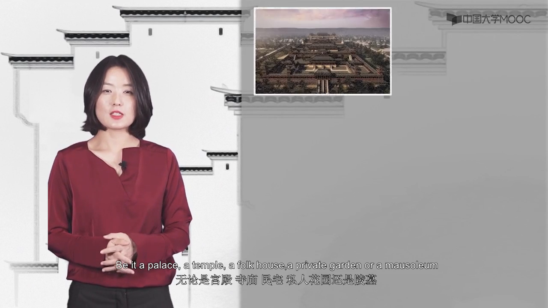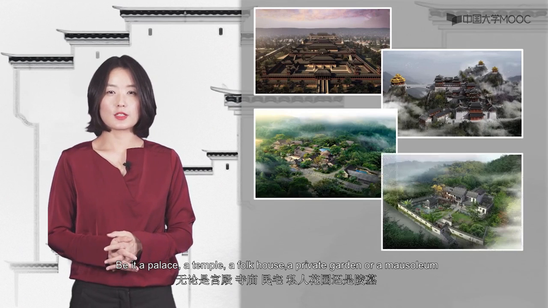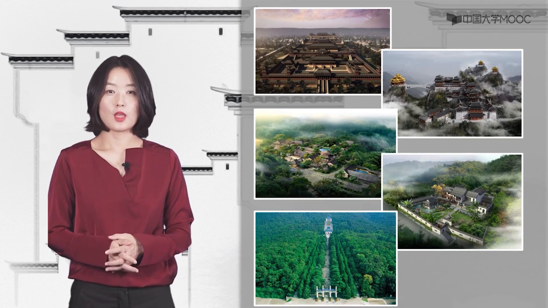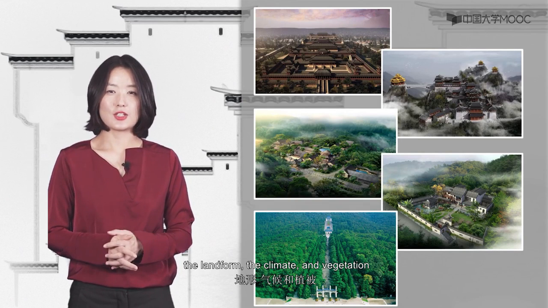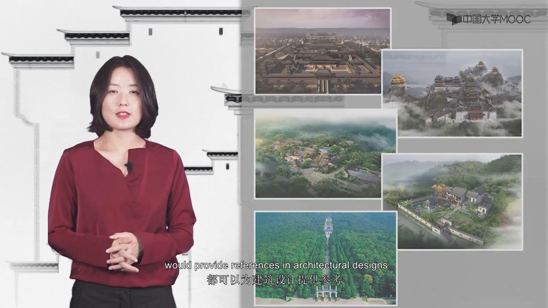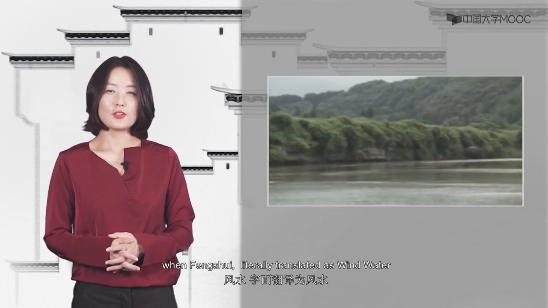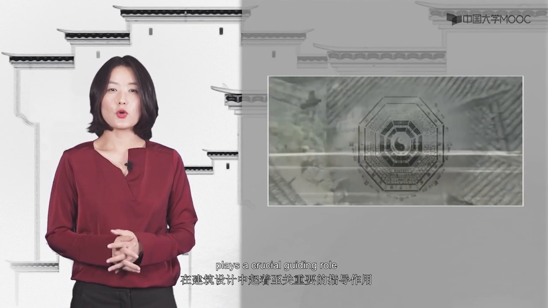Be it a palace, a temple, a folk house, a private garden, or a mausoleum, the landform, the climate, and vegetation would provide references in architectural designs when feng shui, literally translated as wind water, plays a crucial guiding role.